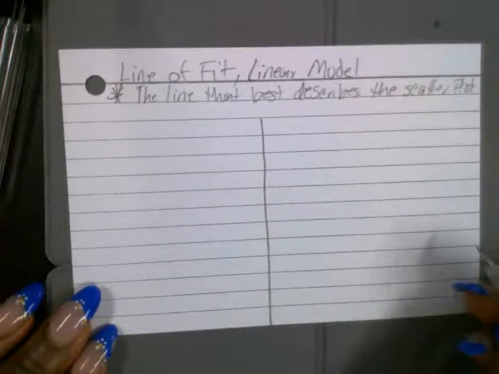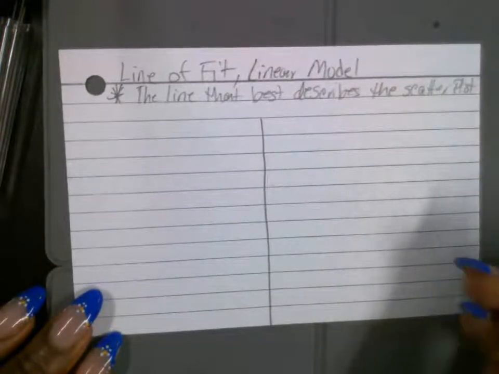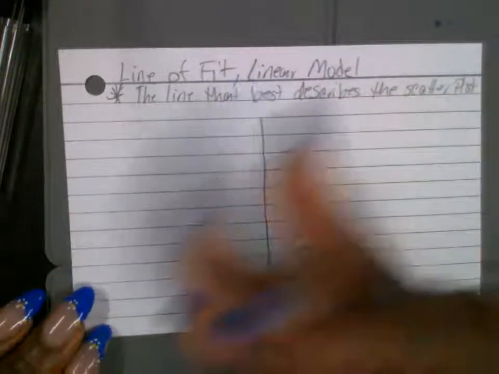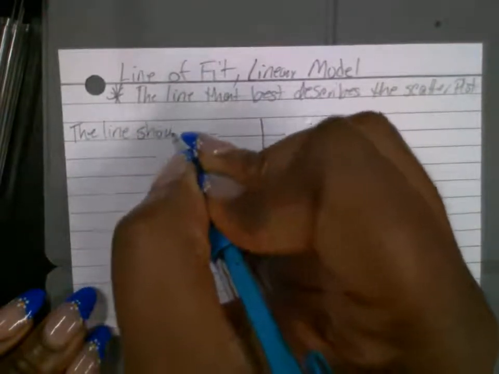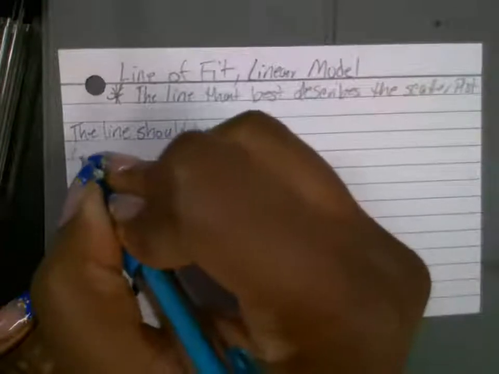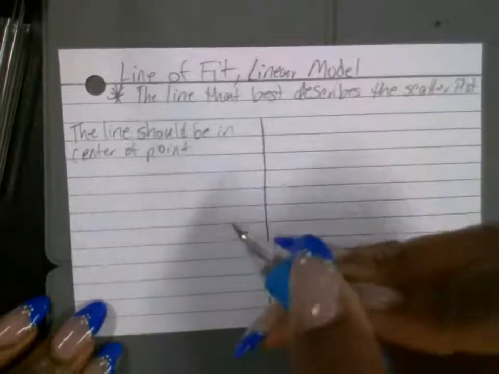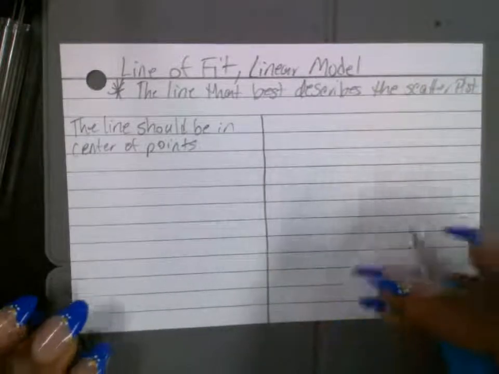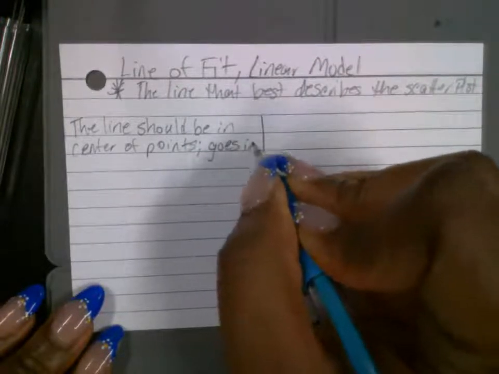So there are different ways to find the line of best fit, two different ways. The line should be in the center of the points. You should have almost the same number of points above as below. And it should be going in the same direction as the points. Okay.